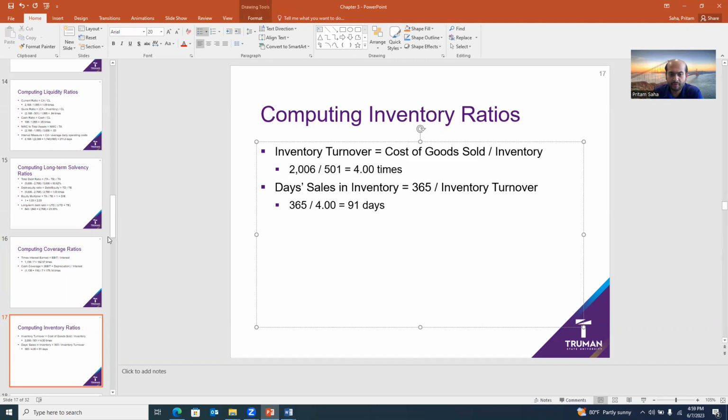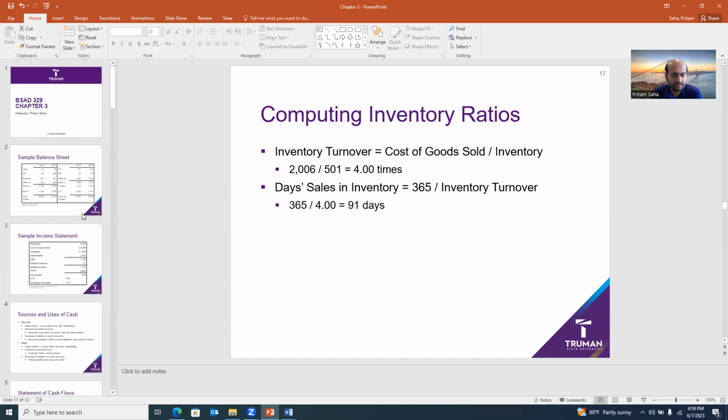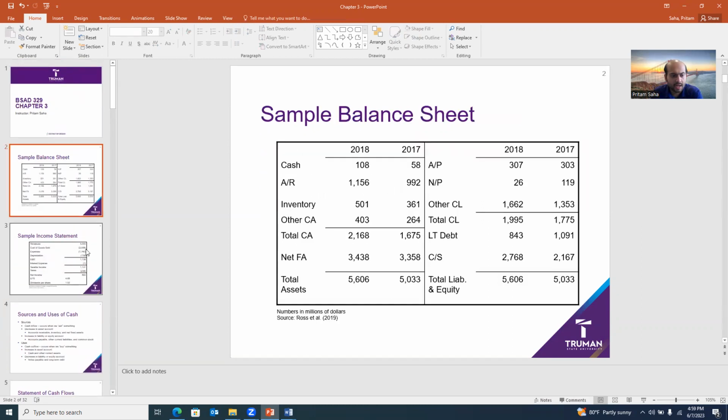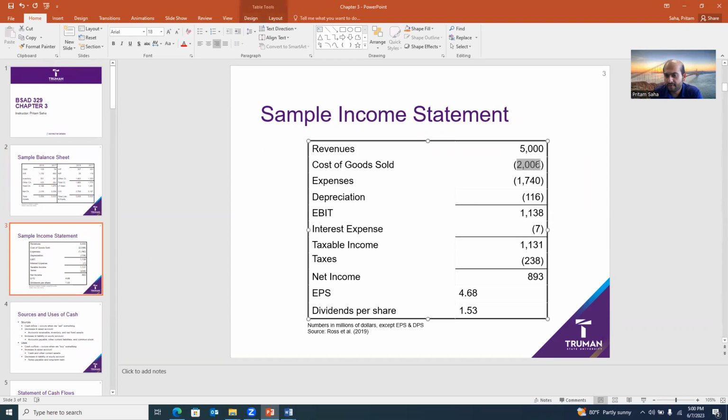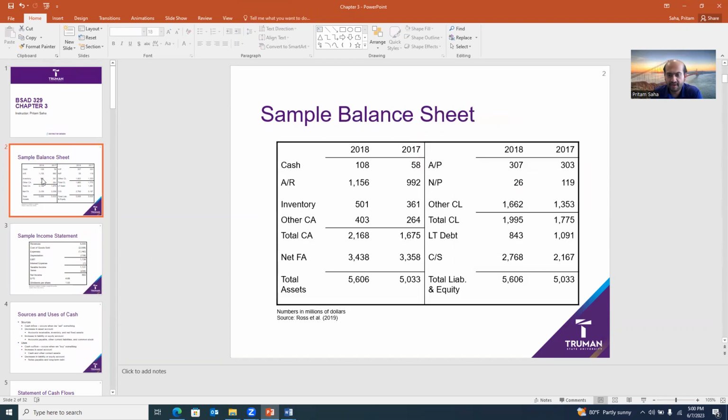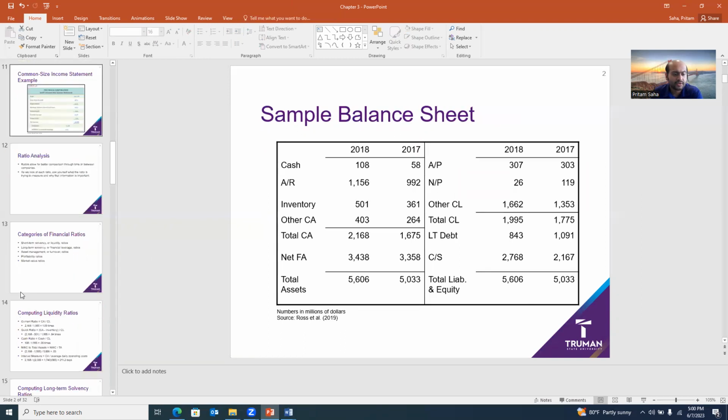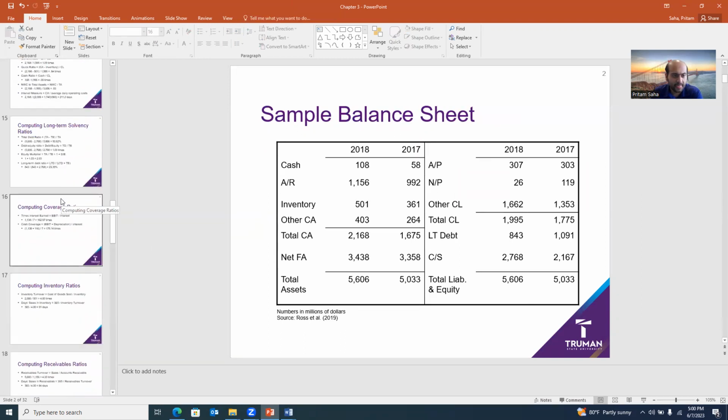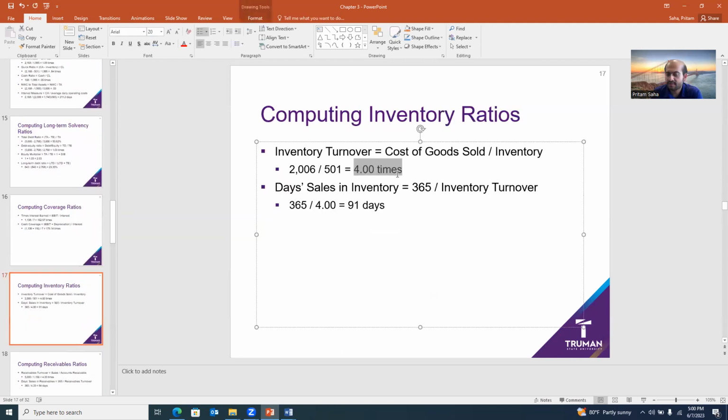If you use this formula, cost of goods sold, you have inventory. So this is coming from cost of goods sold, is coming from here. Inventory is coming from here, okay? So this is trying to tell you each year, you're at least able to make your raw materials to inventory a cycle 4 times.